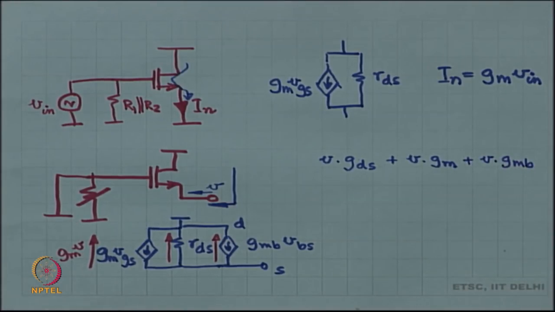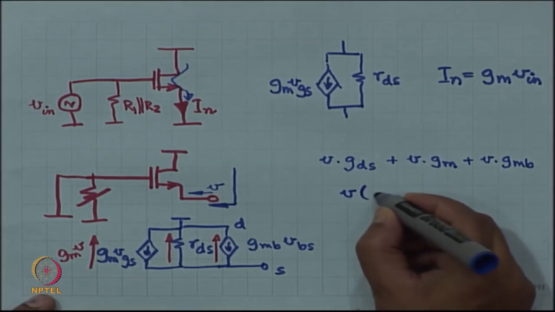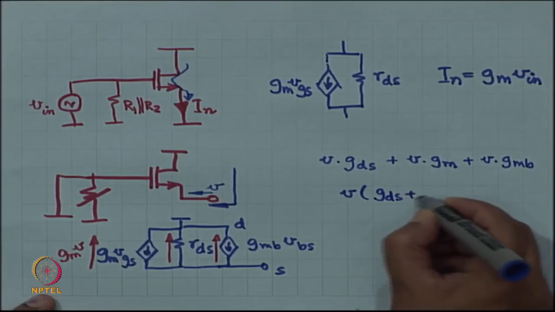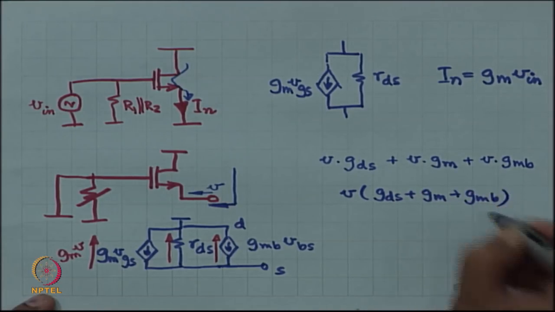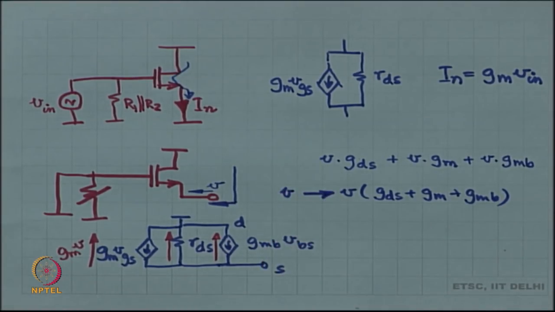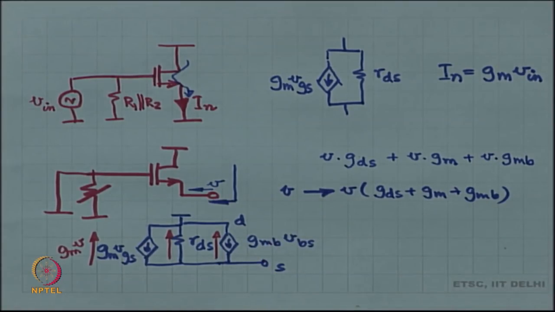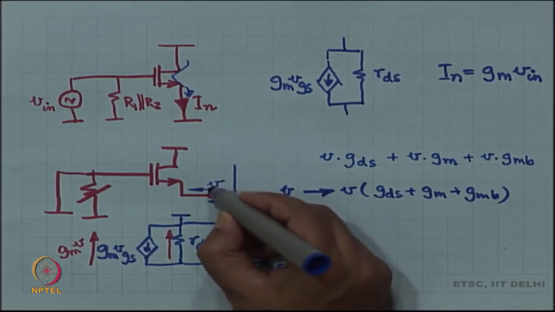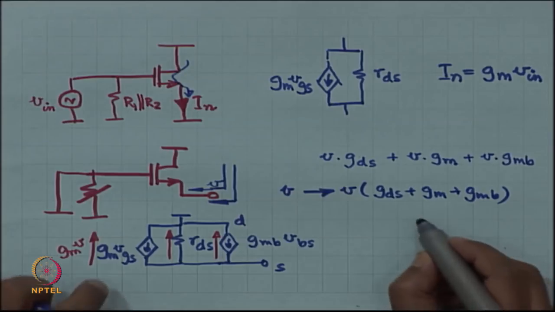So, I have applied a voltage V and I have got a current V times (GDS plus GM plus GMB), which means that the impedance looking into this node is equal to 1 by (GDS plus GM plus GMB).